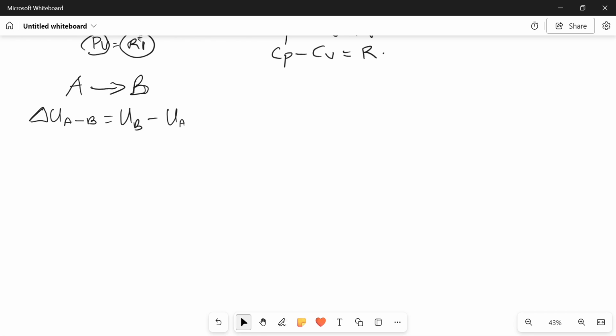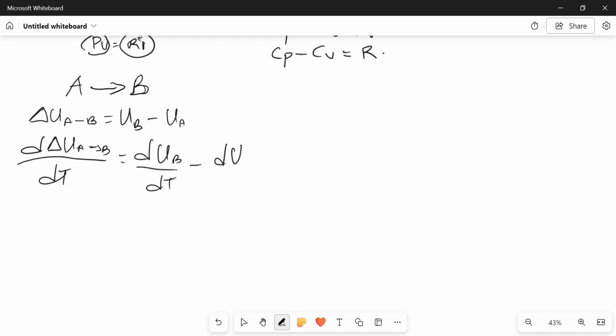So if I want to differentiate this in terms of temperature, then I'm going to have the d change in U from A to B over dT is equal to the dUB over dT minus the dUA over dT. Nice. Okay, good.